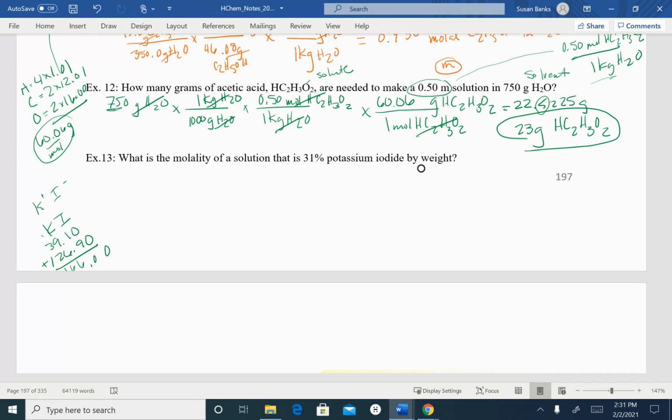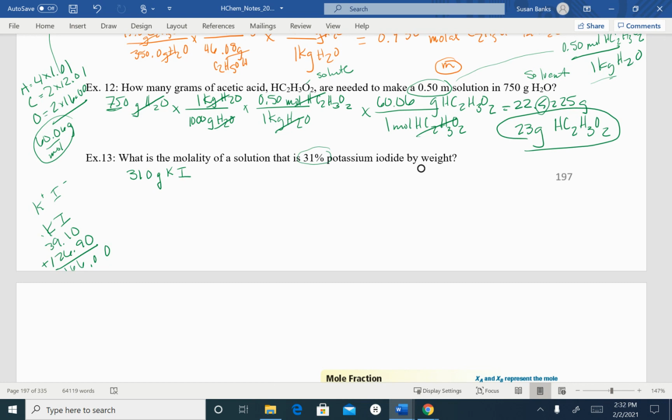So the other thing that we've got to do is we've got to think what this 31% means. If I have 1,000 grams of this solution, how many of those grams are going to be potassium iodide? What's 31% of 1,000? So 31% of 1,000 is 310 grams. So I'm going to have 310 grams of potassium iodide.